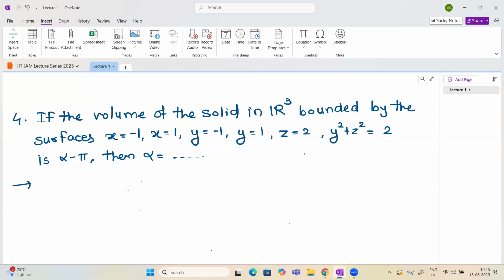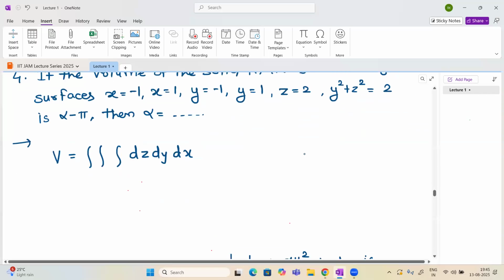Okay. So they have already mentioned the volume of the solid is pi alpha minus pi, and we have to find the value of alpha. What is the formula of volume? Just now we saw, triple integration of dx dy dz, or dx dz dy.